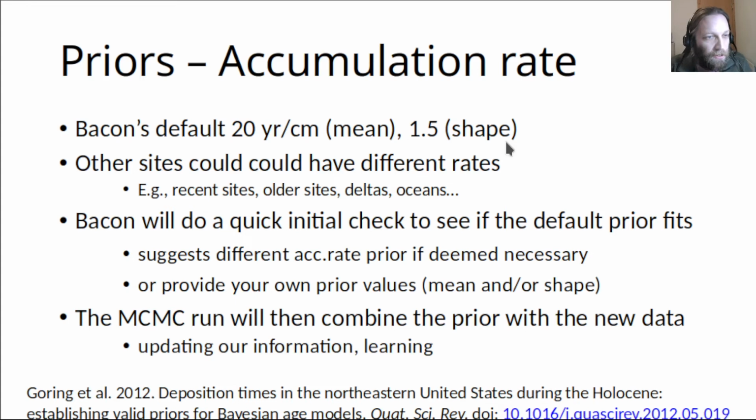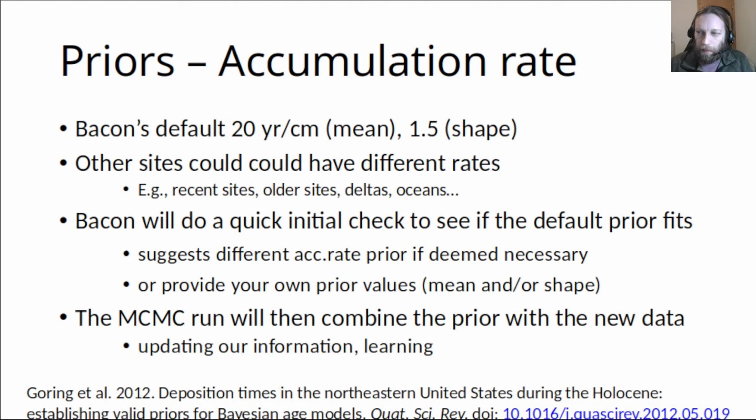Now, the accumulation rate for Bacon: the default is 20 years per centimeter, so it's actually sedimentation times, but this prior can be changed. Because in different sites, in different oceanic sites or older sites with more compression, you could expect different rates, so you can adapt your prior to that.